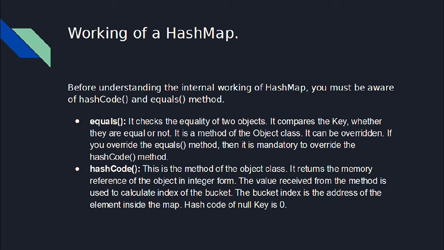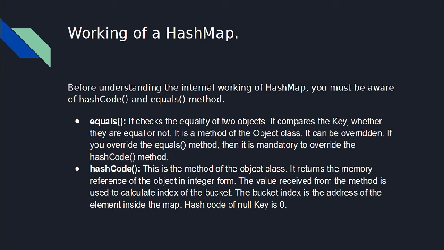This is a method of object class. You can override this method, but there is a contract. If you are overriding equals method, you must override your hash code in accordance with the way you override your equals method. If you are not able to implement the overridden functionality of your hash code, you can depend on some IDE to do that for you.